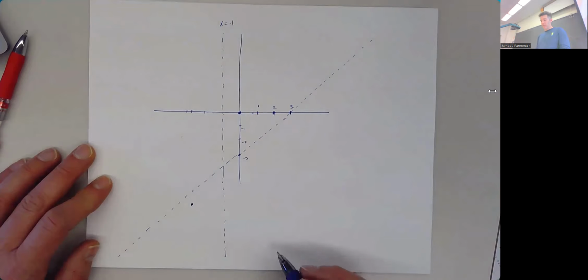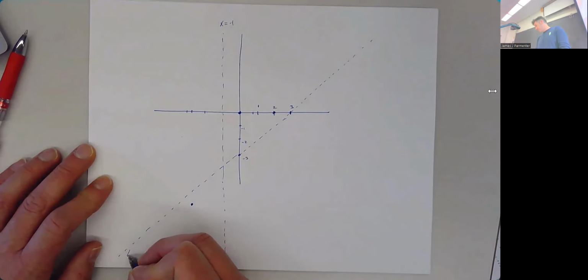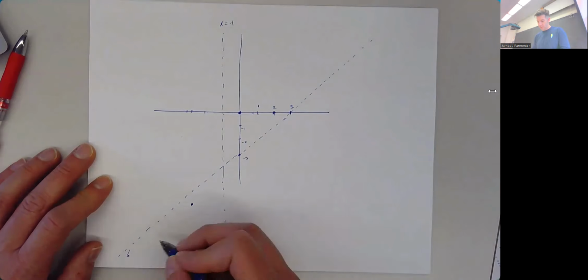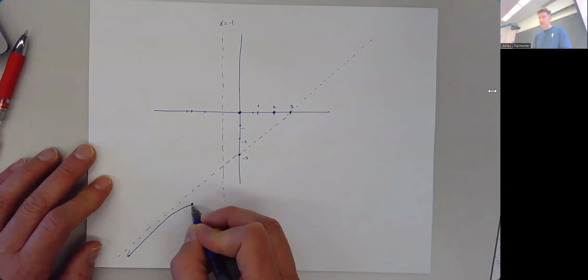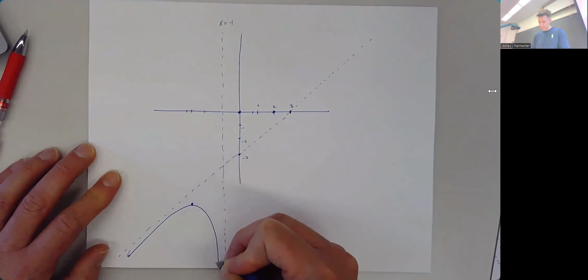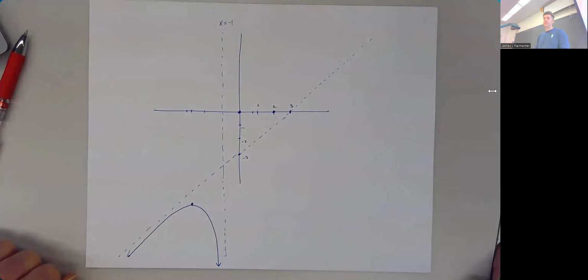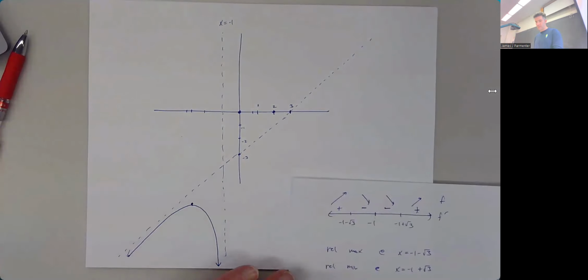And the reason I'm pretty sure that is because my graph is increasing from -infinity up to -1 minus √3. Relative max, decreasing afterwards. And then on the other side of -1, here's the sign chart again, right?